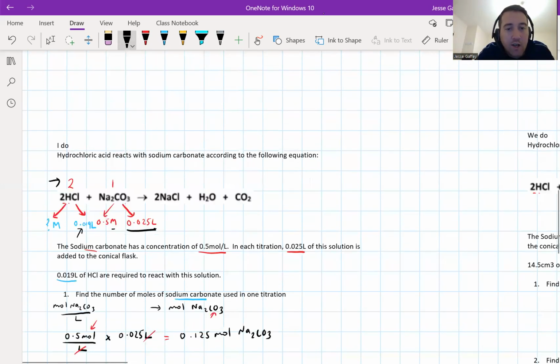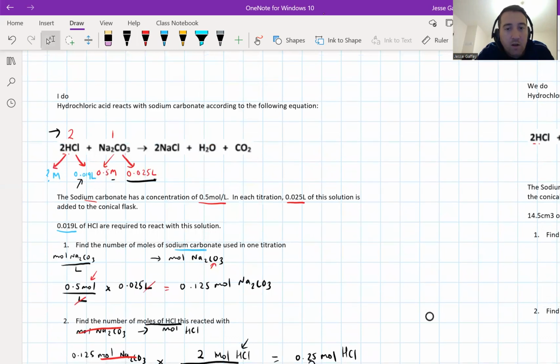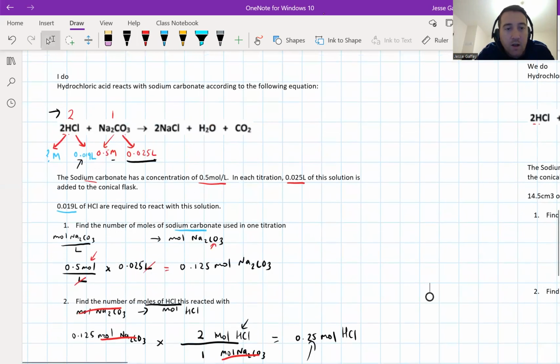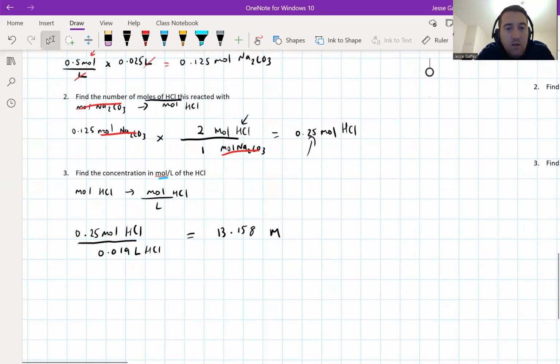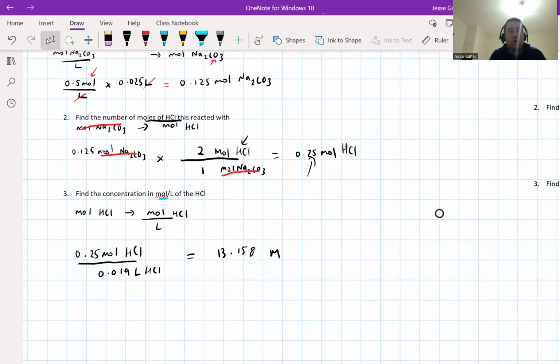I'm just going to go up and check. Could that be plausible? It seems a little bit too high. So have I done something wrong here? 0.25 divided by 0.019.